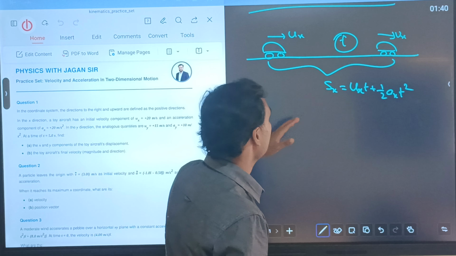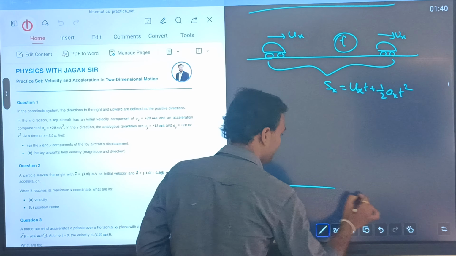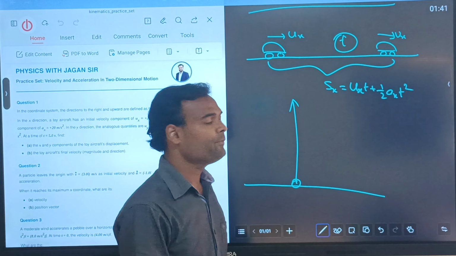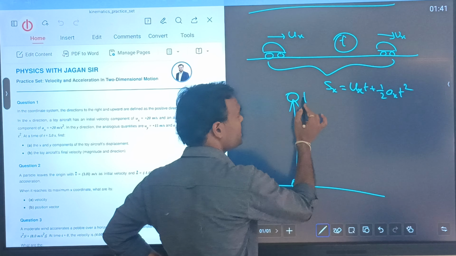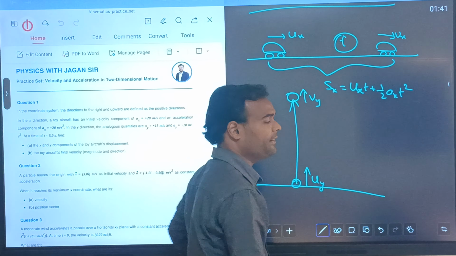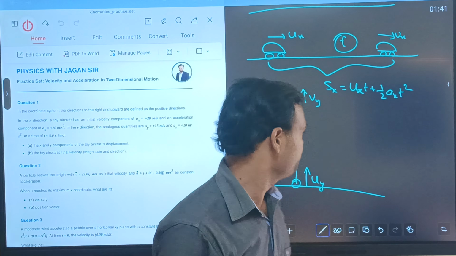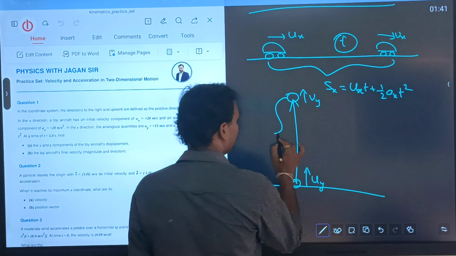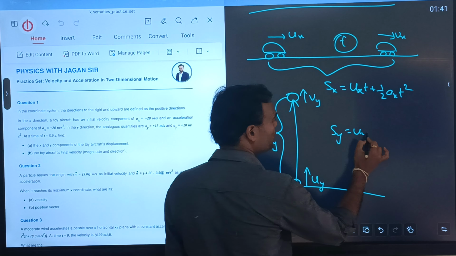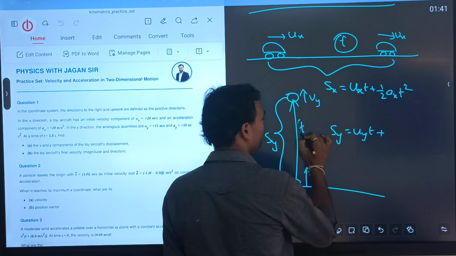Clear? Now the next point is, we have again seen, if an object is located at this point and is moving in the upward direction and it reaches this location with a velocity vy, initially let us assume it has a velocity uy and it attains a distance sy, then we used sy = uy t + 1/2 ay t² after some time t.